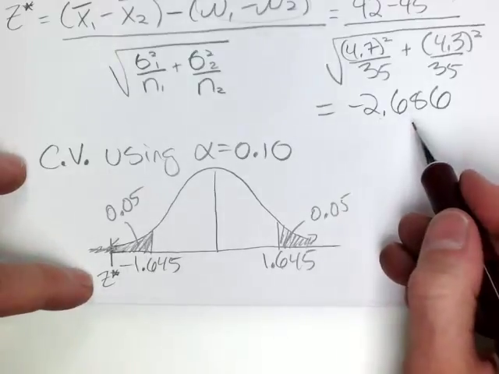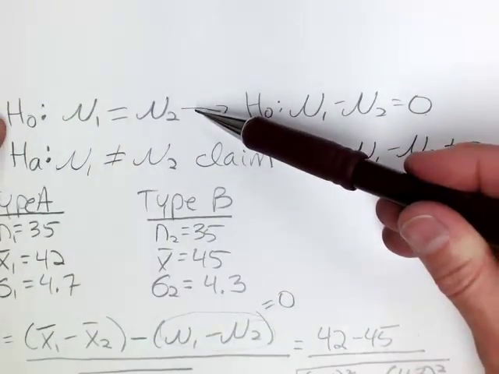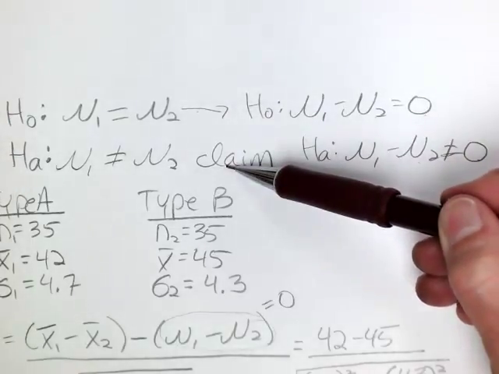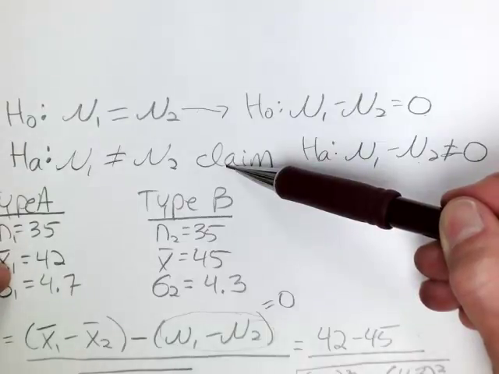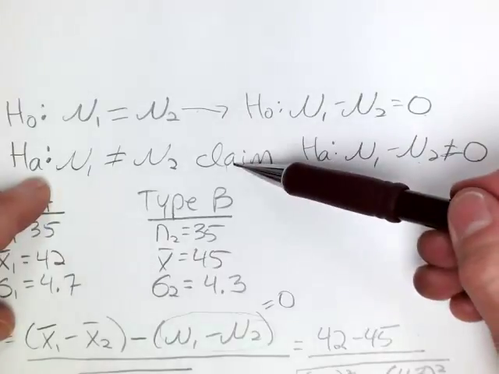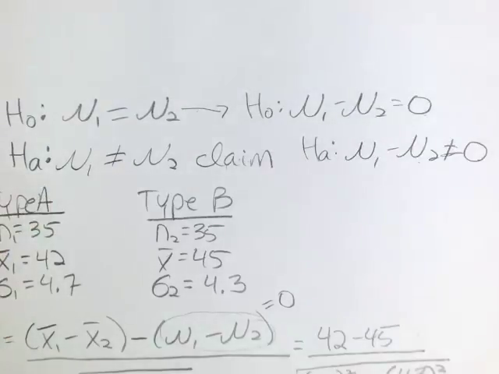So we know we are going to reject the null, the case of equality here, and we are supporting the engineer's claim. The question is, is there enough evidence to support the claim? Yes, since we are rejecting the null and the claim is the alternative, we are in support of the engineer's claim.